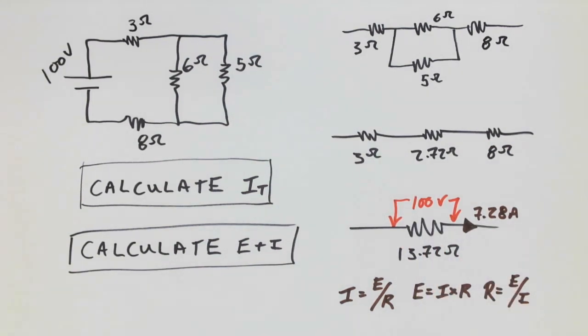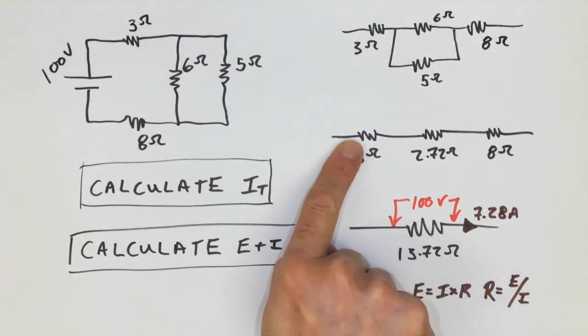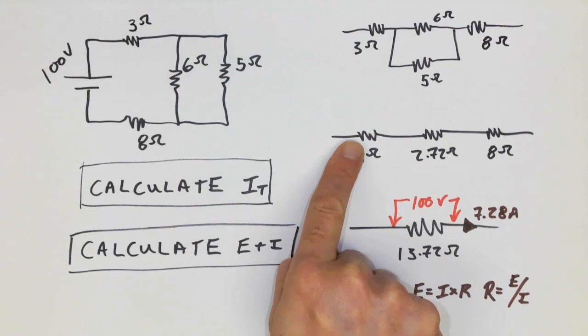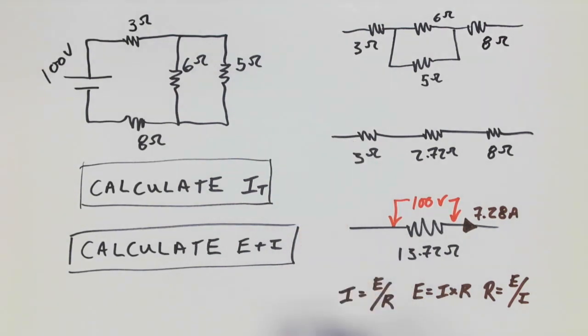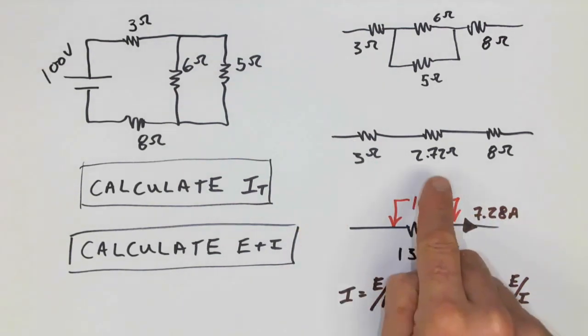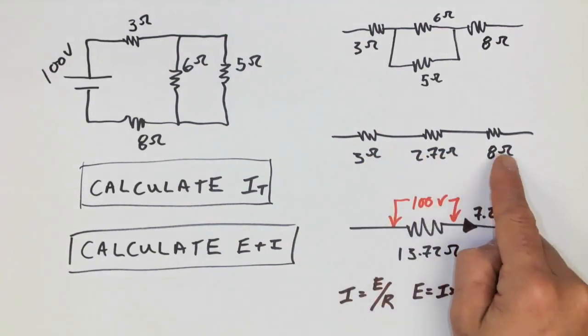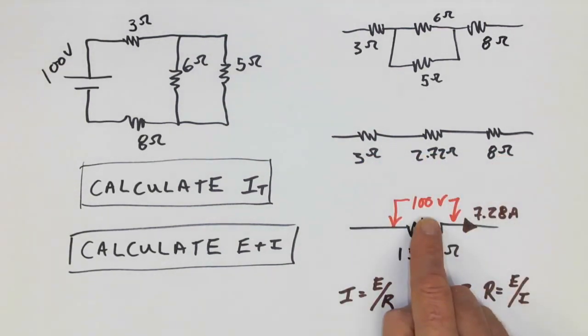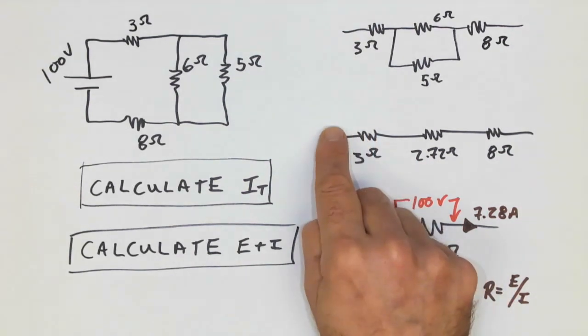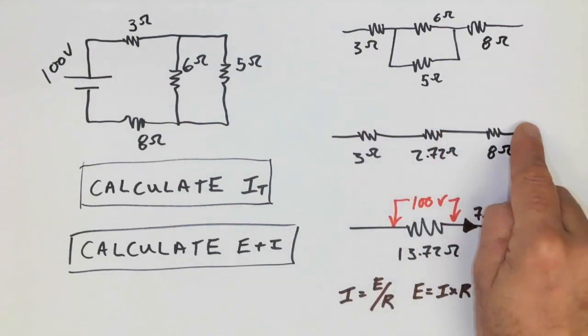And now what we do is we imagine this like a rung on a ladder, and we move to the next rung up. And we identify what has changed, and what can I take with me to this next step. So the 13.72 is actually calculated by adding these all in series. 100 volts would be from here all the way to here.